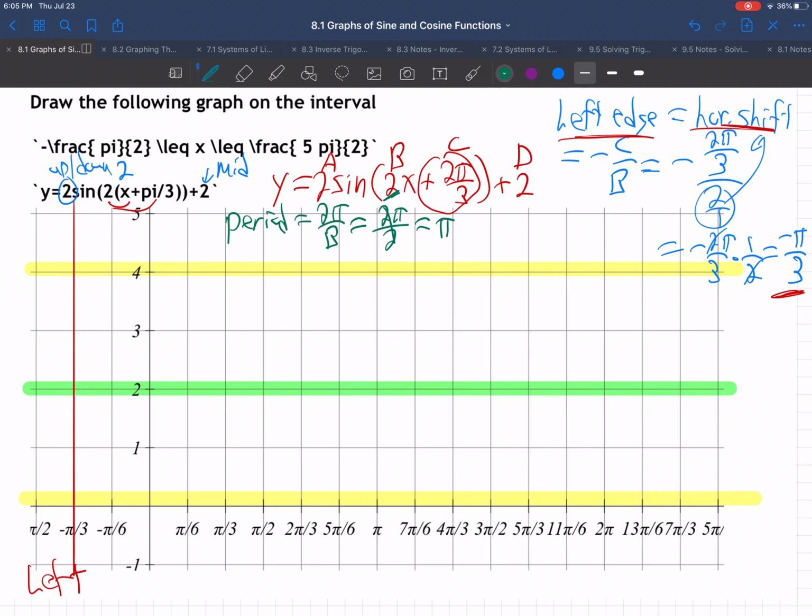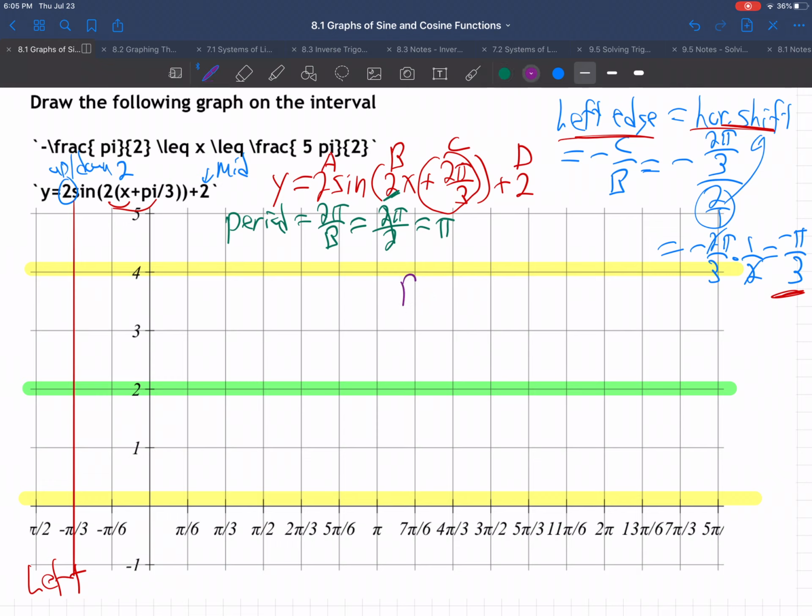Okay, and now the right edge, again, the formula for it is going to be, let me put it over here where we can see it. In fact, let me change the color just for clarity here.